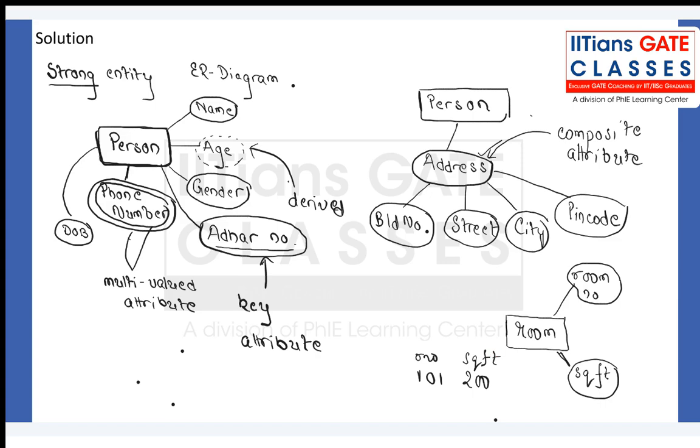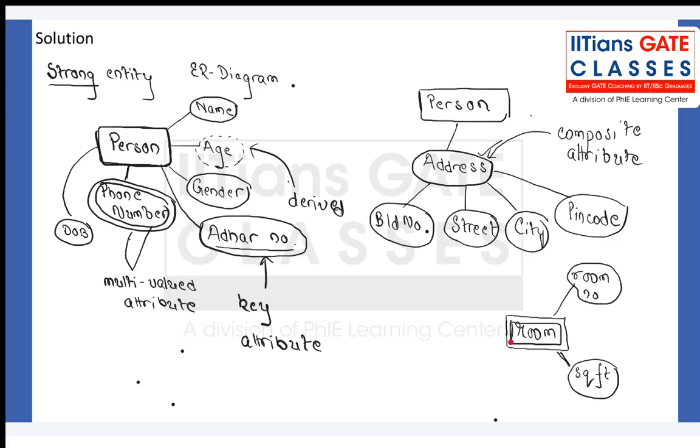First of all, since this entity, that is room, does not have a key attribute, it is also called a weak entity. And to represent a weak entity, it is represented using a double rectangle. This double rectangle means it's a weak entity.